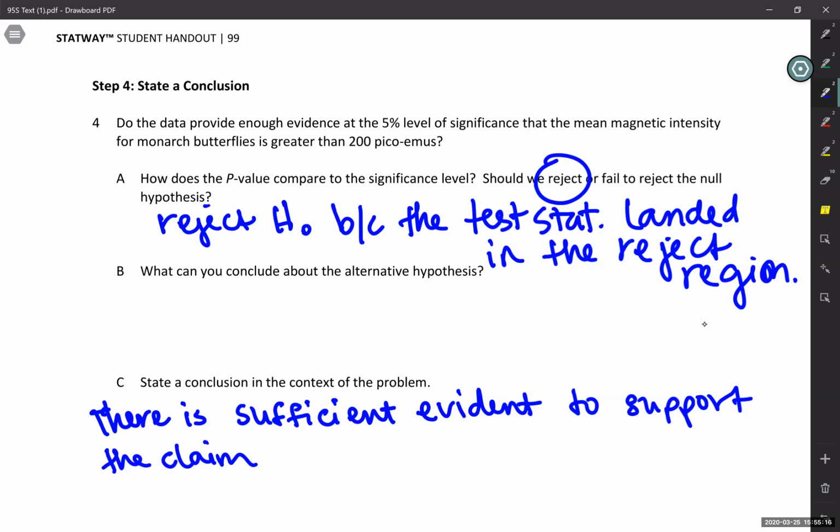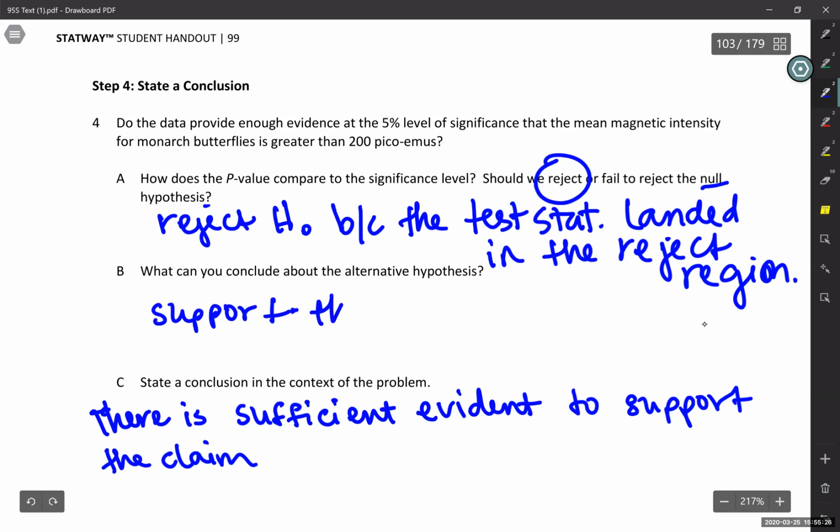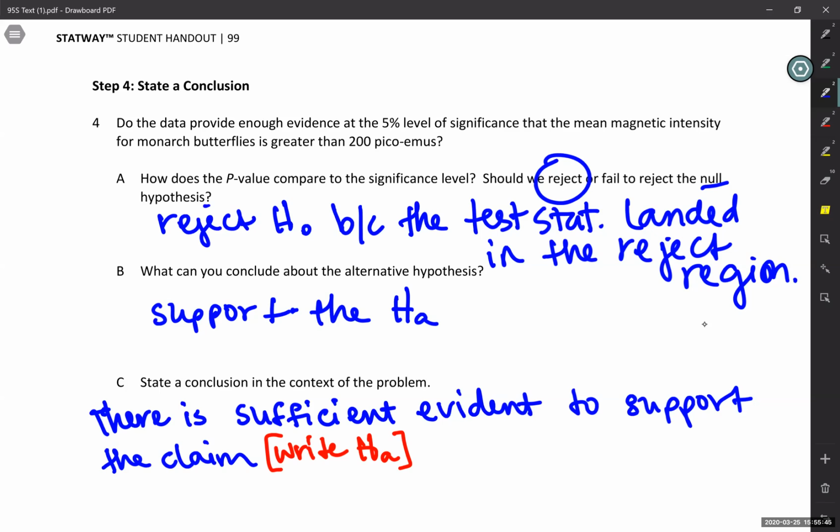Okay, so since we reject the null, that means we are supporting the alternative. So there's sufficient evidence to support the claim, and the claim is the... You're not going to write this right now, but if this was a test, you wouldn't write what I wrote in green, in red.